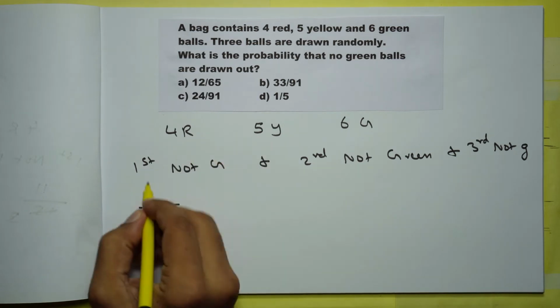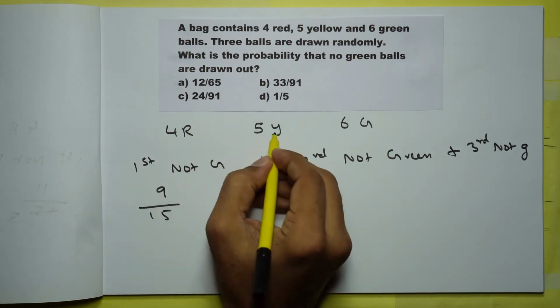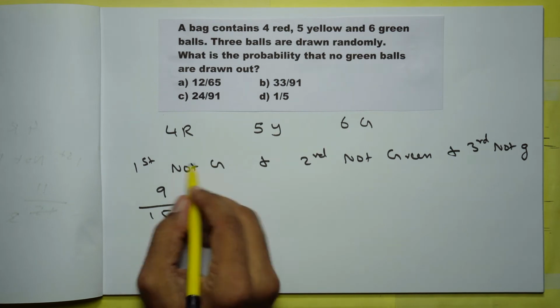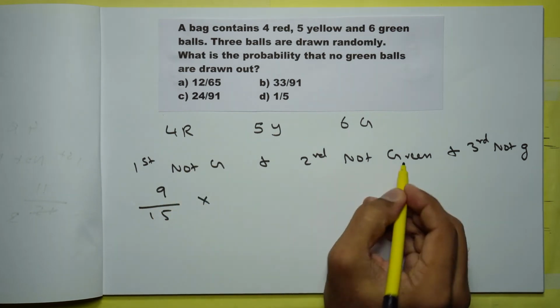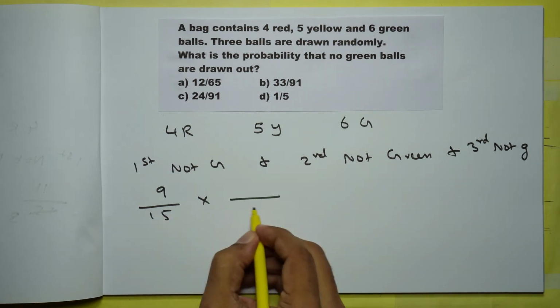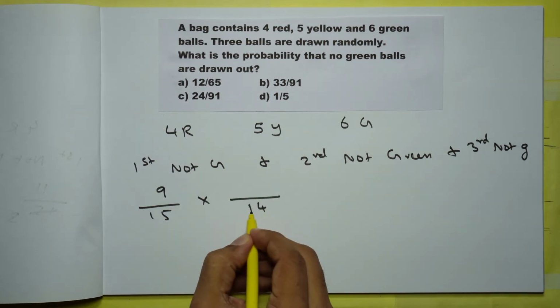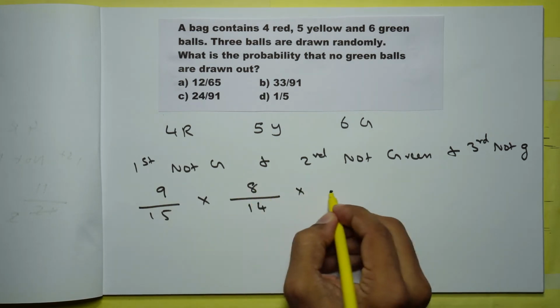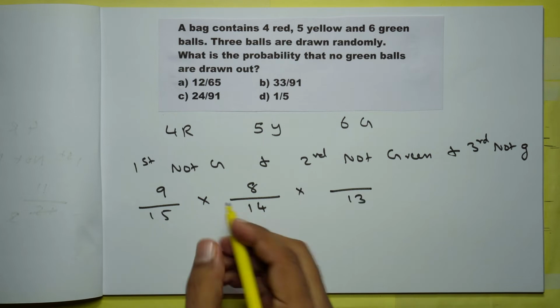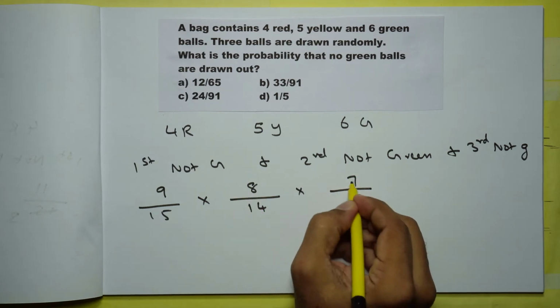So 4 plus 5, 9 of them are there which are not green. This is the probability that the first one is not green. Then we'll calculate for the second one. 15 were there, one has already been taken out, so remaining 14 and remaining 8 balls which are not green. And for the third one, remaining 13 balls are there, one ball again picked out, so remaining 7.